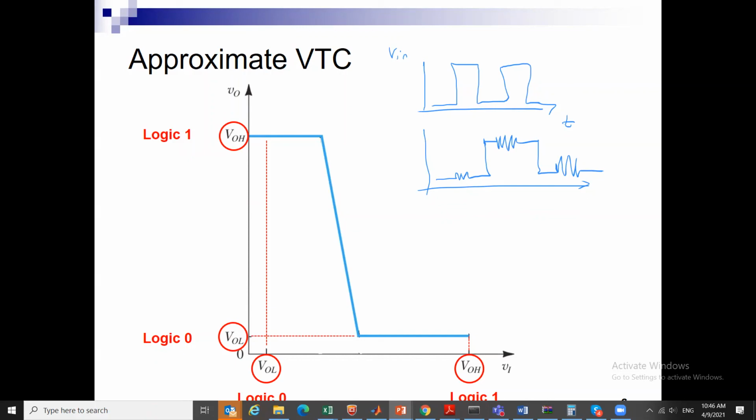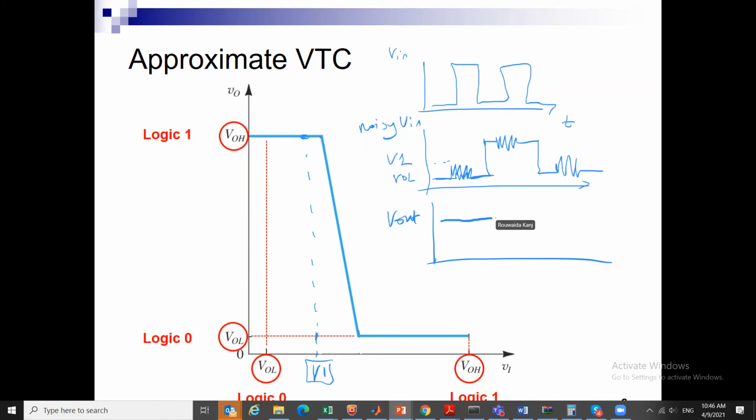Okay, so let us see. If the noise increases the voltage at the input from VOL to V1, and let me assume that this is V1, for this specific amplifier I will still get an output that is VOH, right? So this is the noisy VN and this is V out. I will still get a VOH.